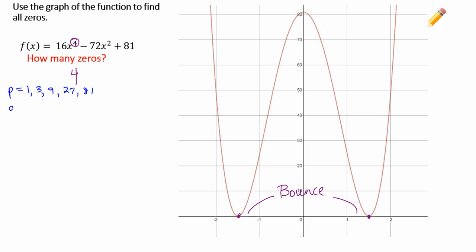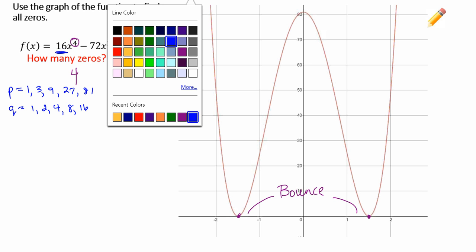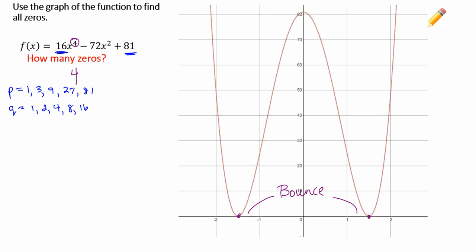And then all the q's are the factors of 16, which are 1, 2, 4, 8, and 16. Is that really it? 1, 2, 3, 4, 5. That's it. Okay, all possible values, all p's and q's, the numbers that could be my possible rational zeros, right?